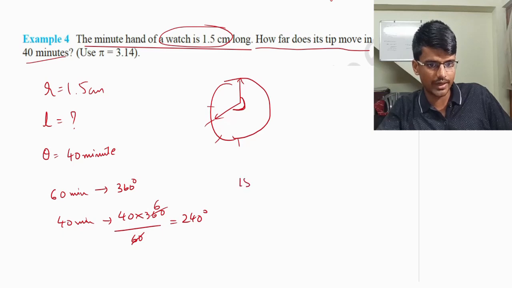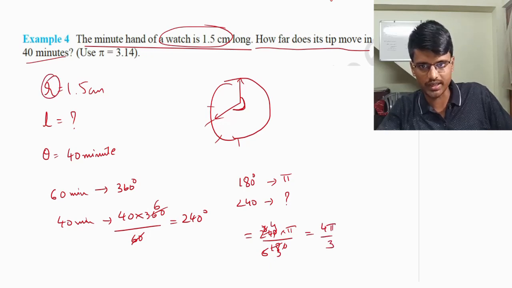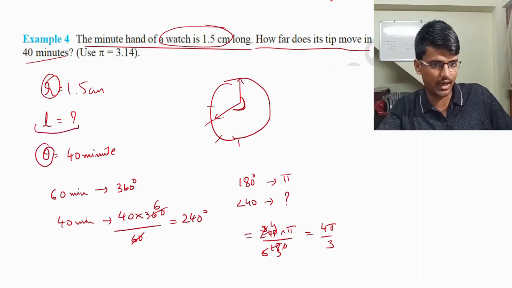We know that 180 degrees is equal to pi radians. So what is 240? We need to find that out, which is nothing but 240 into pi by 180. 3 6 are 3 8 are 2 4s are 2 3s are, so this is 4 pi by 3. This is in radians. So we have got the radius, we have got the angle, we need to find the L, the arc length.